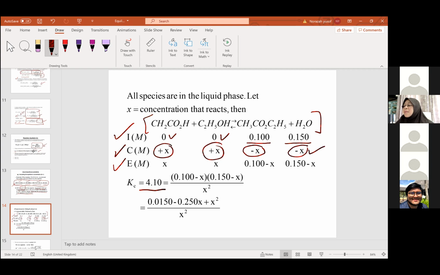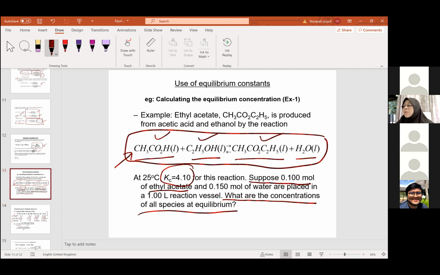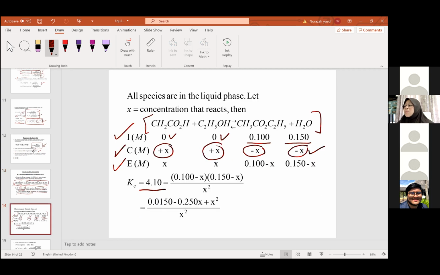Since the reaction is quite easy, it's a 1-to-1 ratio, everything is 1-to-1, so it's quite easy for you to put all in the form of X. So at equilibrium, the remaining mole of ethyl acetate is 0.1 minus X, and for water is 0.15 minus X. So this one is just X because there are no other sources of formation of acetic acid as well as ethanol.